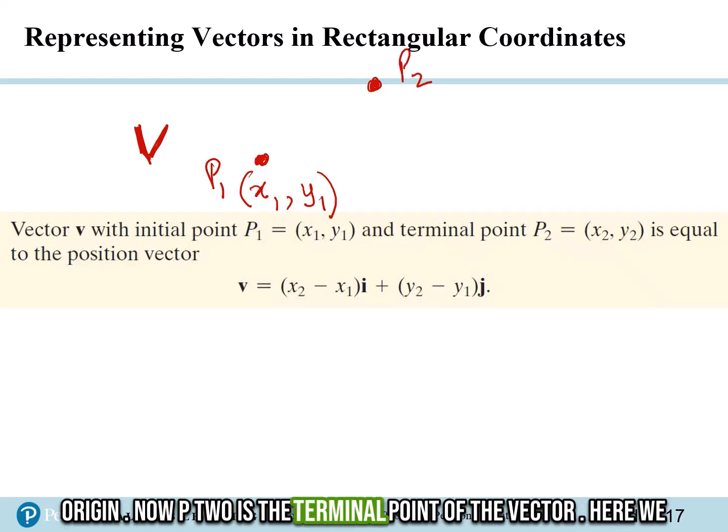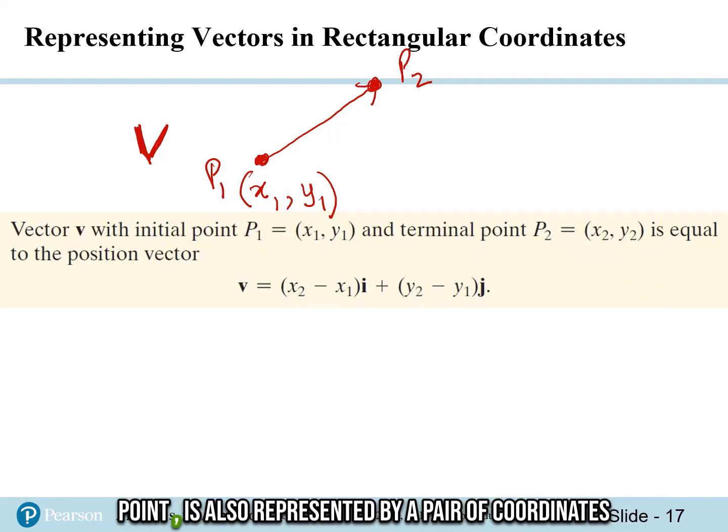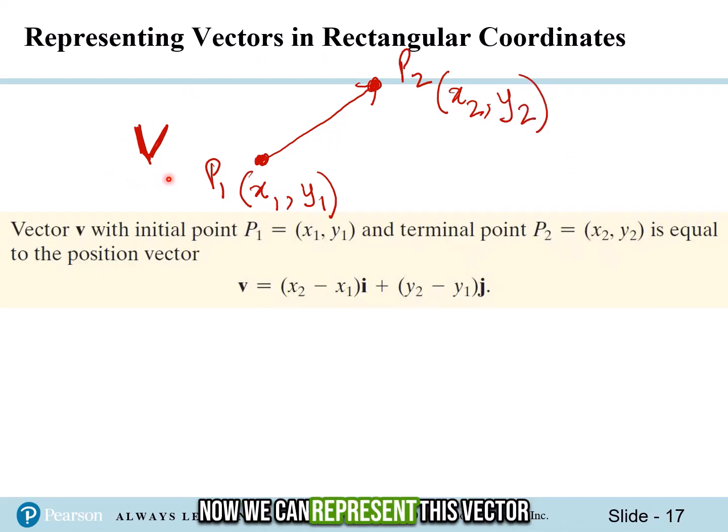P2 is the terminal point of the vector. Here we have our vector; point 2, which represents the terminal point, is also represented by a pair of coordinates, x sub 2 comma y sub 2, is what we will label that with. Now we can represent this vector as a position vector in this way: x sub 2 minus x sub 1 times i.